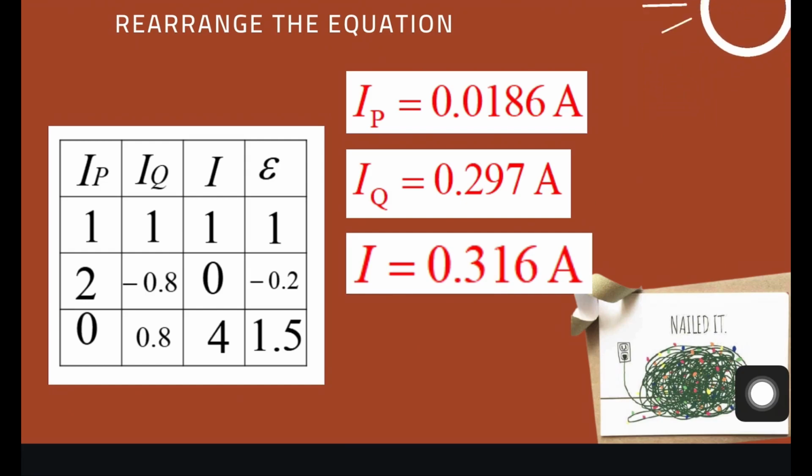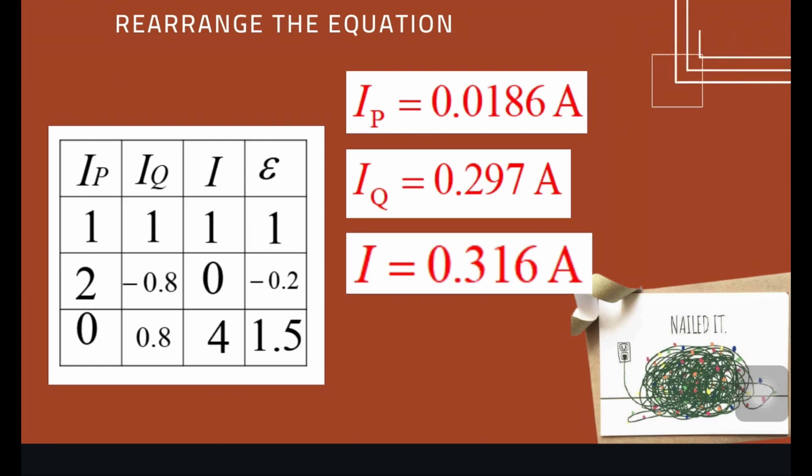So we try it first. Okay, so the answers for IP, IQ and I are correct, except for the substitution of E for the first equation. So please change this value.